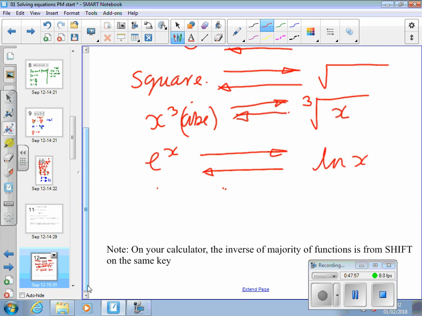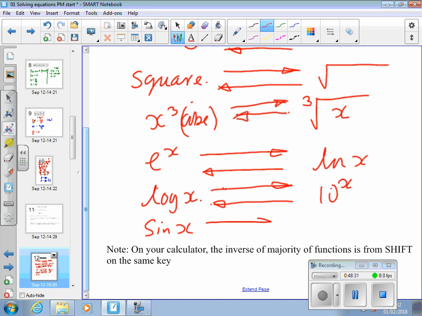They're opposites of each other. What's the inverse of log x? Ten to the power of x. Sine x has sine minus 1 of x, and the same with the cosine and tangent functions.